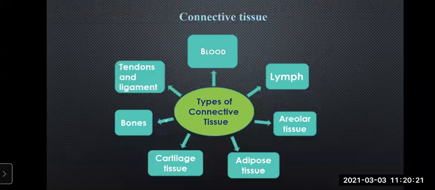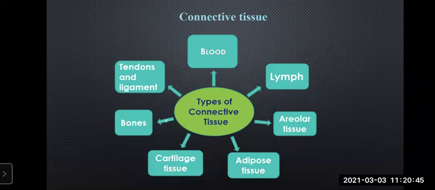Then the last connective tissue is tendon and ligaments. These are also fibrous connective tissues. Tendons are made up of white fibers and they connect bone to muscles. Remember, tendons are made up of white fibers and they connect muscles to bone.